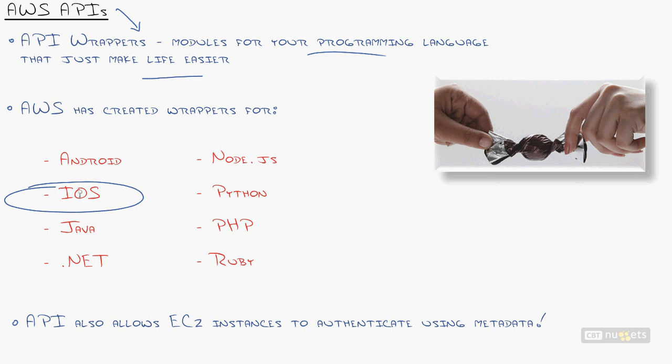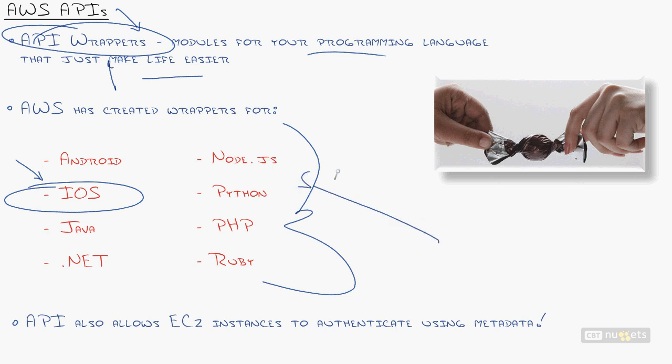So anytime I want to transfer pictures, I'll just call the copy to S3 object wrapper, which behind the scenes types in all the necessary code to interface with the Amazon API, which just makes it friendly. So Amazon has gone out and said, we just want to make it friendly no matter what programming language you're using.